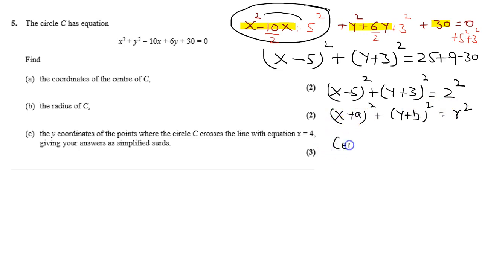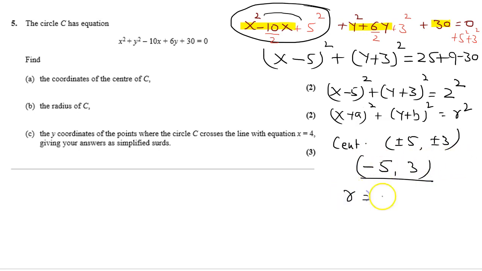So the coordinate of center is plus minus 5 and plus minus 3. You need not write this. So center will be 5 and minus 3. This is the coordinate of center, and the radius is 2. So this is the answer of part A, and this is the answer of part B.